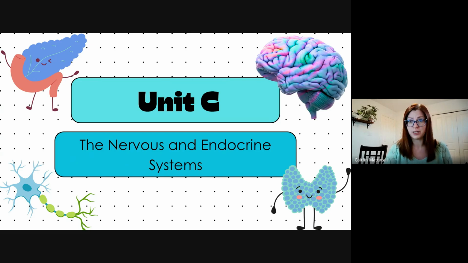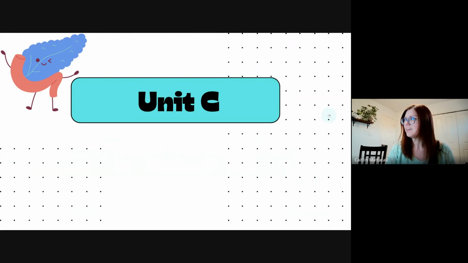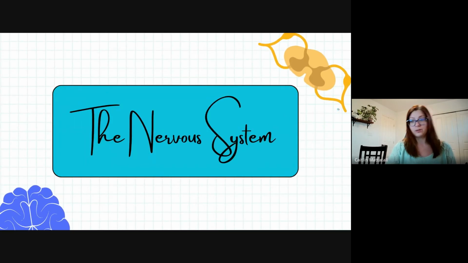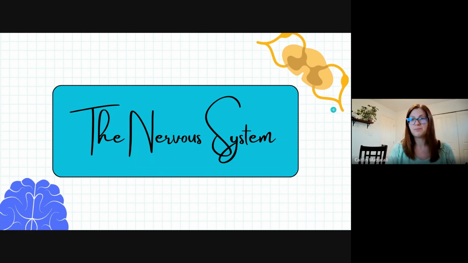And just a heads up, we are also going to be doing a lab tomorrow on reflexes as well. So we will delve a little bit deeper into all that fun stuff. So here's hoping this works. Beautiful. The nervous system with some wiggling brains and spinal cord action.